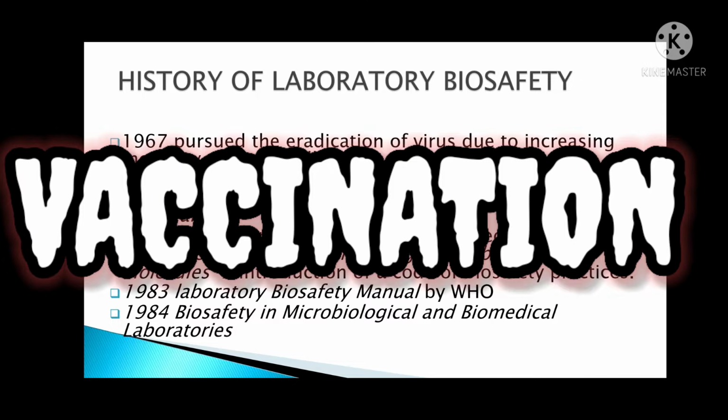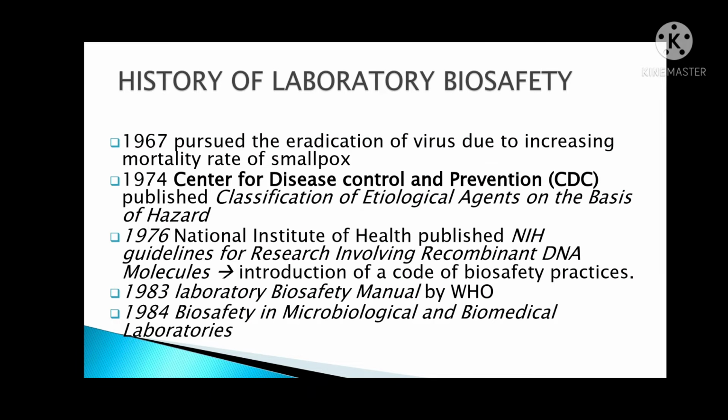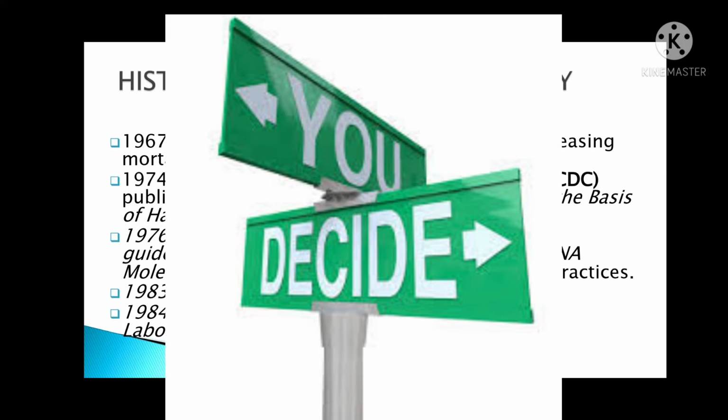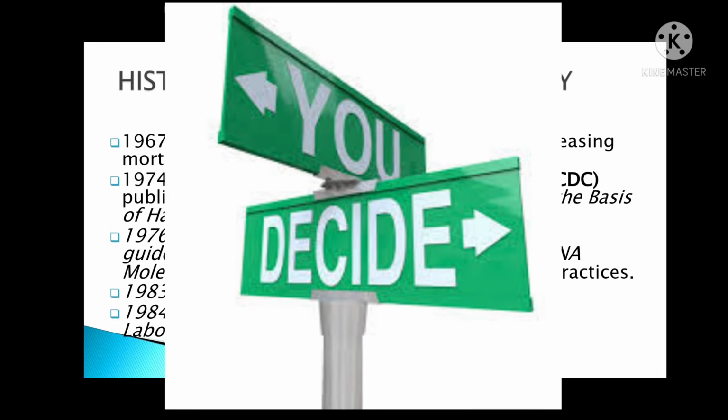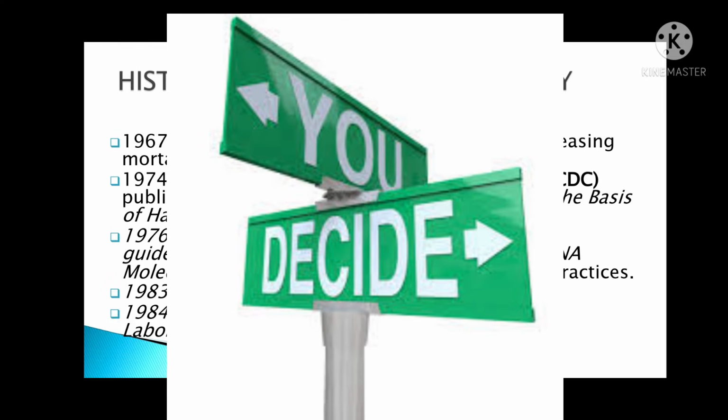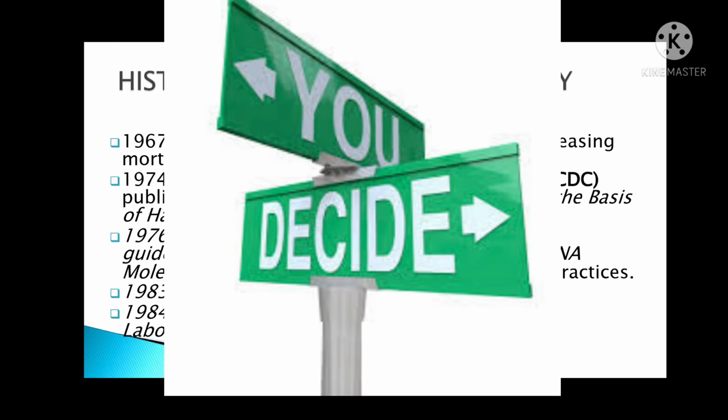So I hope, class, that in this time of the COVID 19 pandemic, you will have the courage and you will all be ready to take in the shot. However, it is still your freedom to choose whether you take in the vaccination or not. So when the time is right and you're ready, you may take the vaccination.